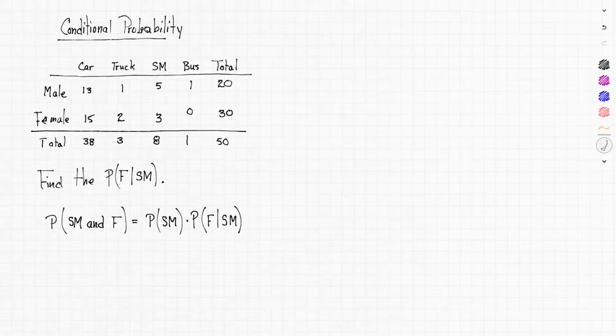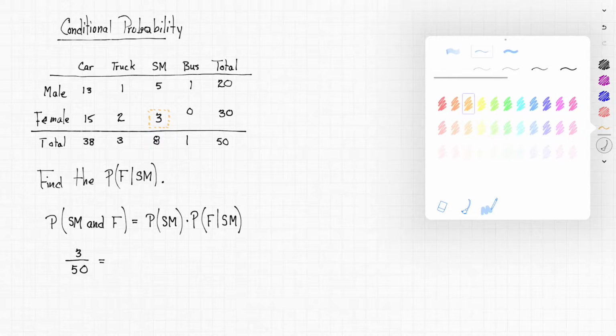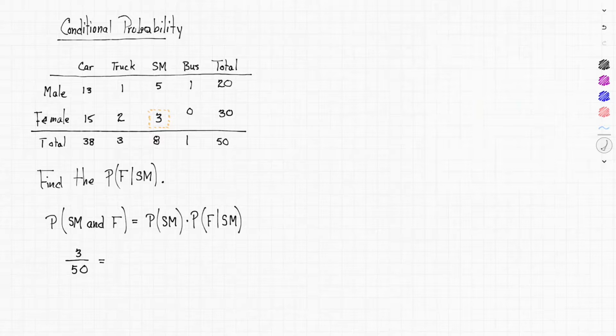So here we go. I'm going to use this orange to start us off. The probability of an SUV minivan driver and a female is this one right there. It's this 3. So I can say that is 3 out of 50 people equals. Now, the probability of picking an SUV or minivan driver in general, there's 8 of them, and there's 50 total.